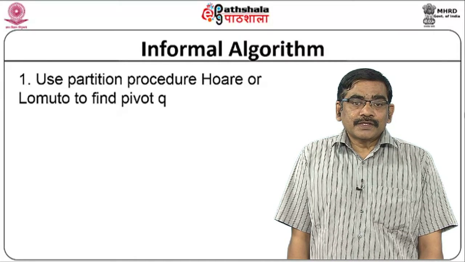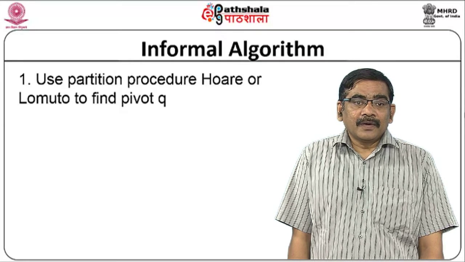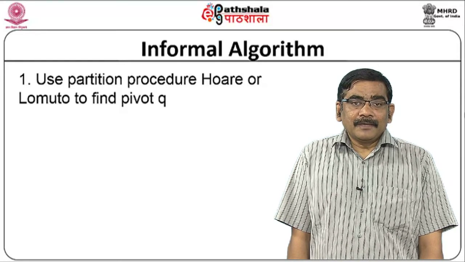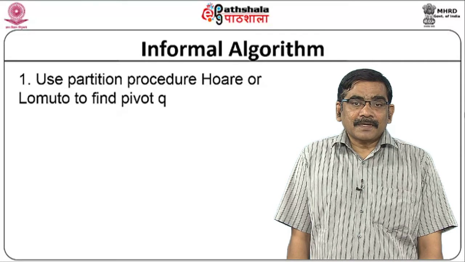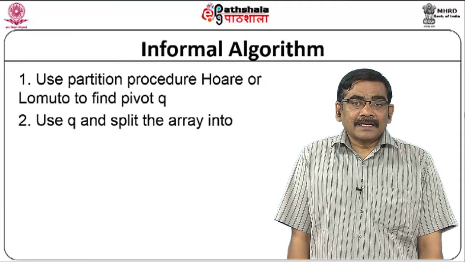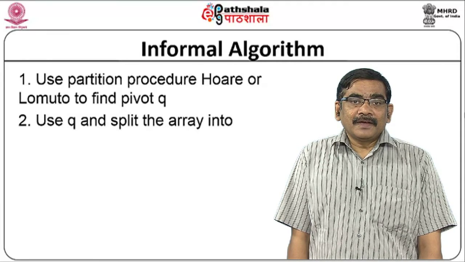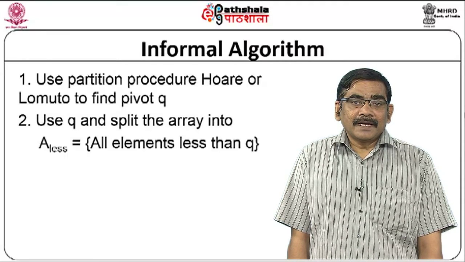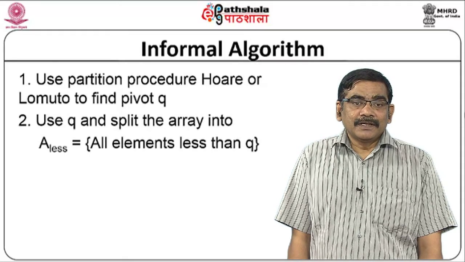We use a partition procedure like Hoare or Lomuto to find the pivotal element q. Remember, we discussed these algorithms as part of quick sort, under the divide and conquer design paradigm, where we discussed the Hoare and Lomuto procedures to find the pivotal element q.